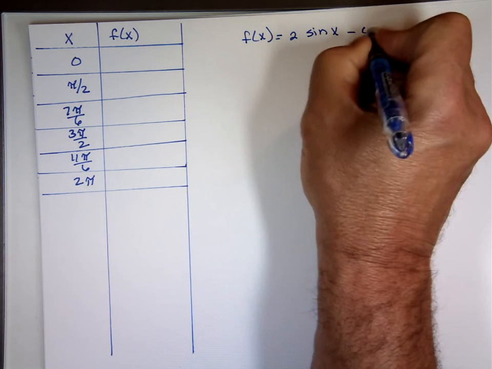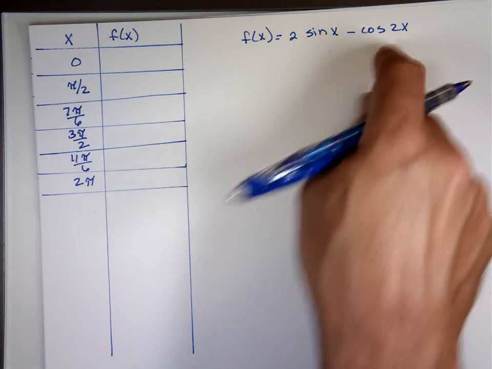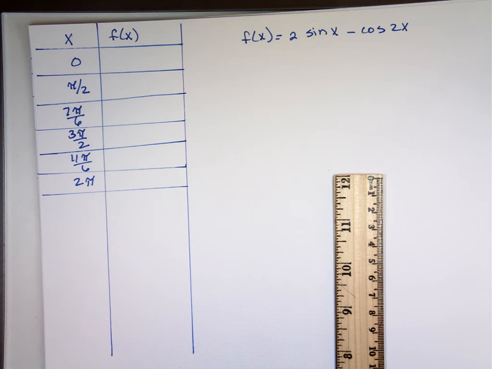Plug them in. When x is 0, 2 sine of 0 minus cosine 0. And make sure, by the way, you're in radian mode. Okay, let's try the 0. It gave me a minus 1.